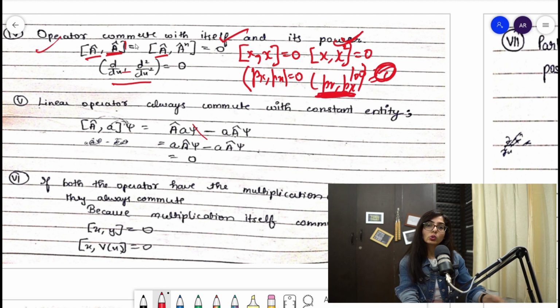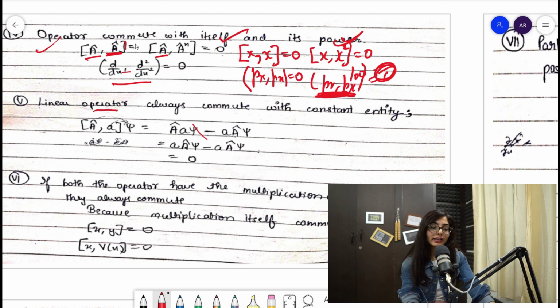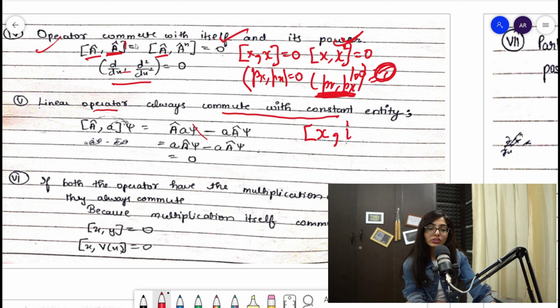Let's come to another identity: a linear operator always commutes with a constant entity. What does this mean? Suppose [x, iħ] comes up and you are asked its value. Here no operator is there, because iħ is not an operator, it is a constant value.